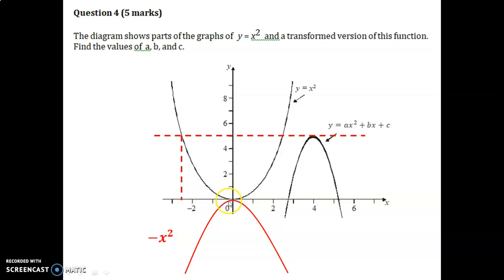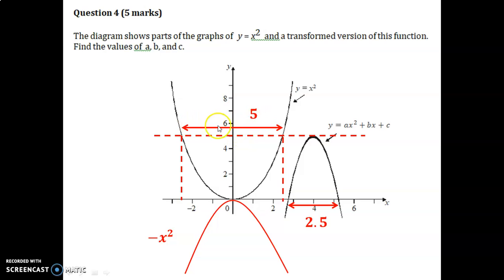I said when I went up 5 units, this went over about 2.5 units and 2.5 units this way. So when I went up 5 units, this also had a width of 5 units. But when I look at this one here, when I count those units, it has a width of 2.5 units.